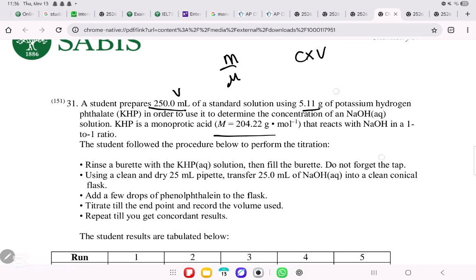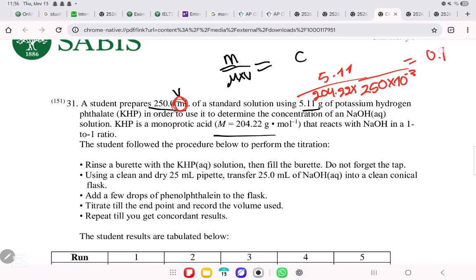So mass over molar mass times volume gives concentration. Don't forget to change volume to SI units. So 5.11 over 204.22 times 250 times 10 to the power of minus 3 gives approximately 0.100 molarity. This is the concentration found in part A.